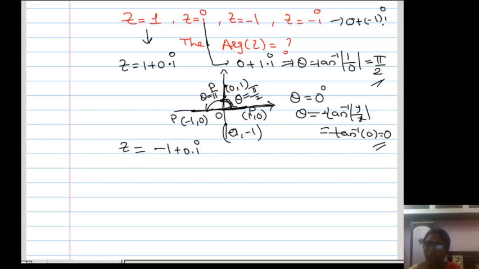What is the imaginary part? Minus 1. Real part 0. Now what is the angle? Tell me. Like this. But I want the principal argument, the capital Arg of z. For the capital Arg of z, you make the angle in this direction. What is the angle here? Minus pi by 2.